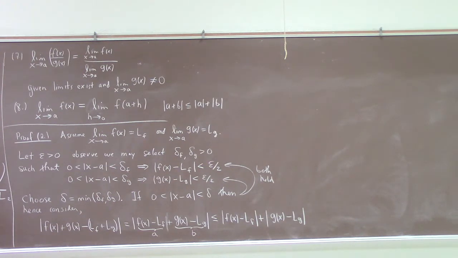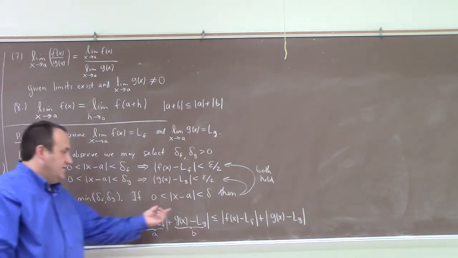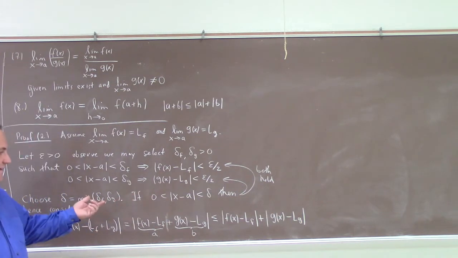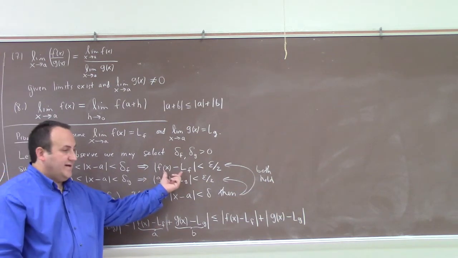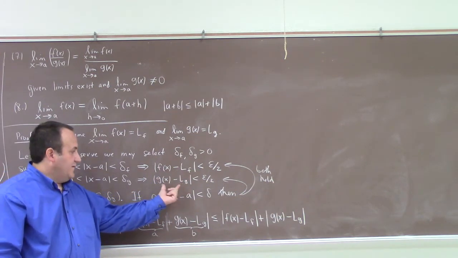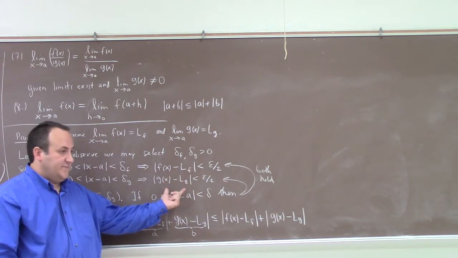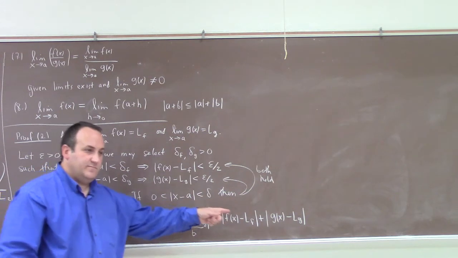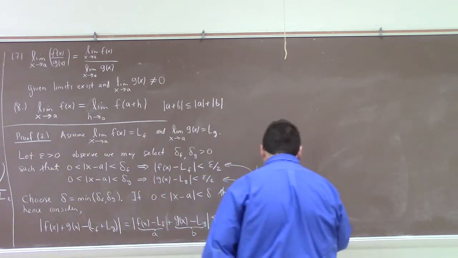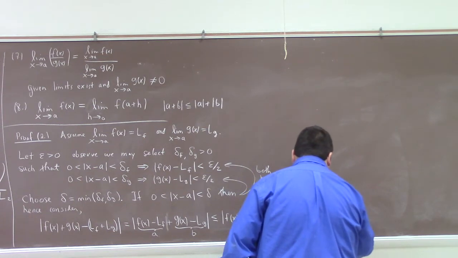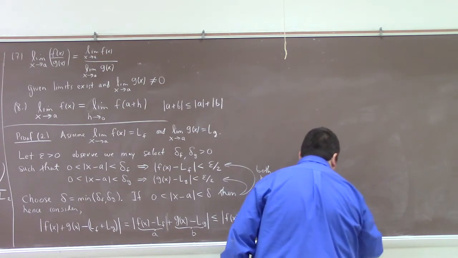I'm assuming x is within delta units of a, right? And that means I have control over how far f of x is from L sub f and how far g of x is from L sub g. Epsilon over 2 from L sub f, epsilon over 2 from L sub g. So this is less than or equal to, actually less than epsilon over 2 plus epsilon over 2, also known as epsilon, and we're done.